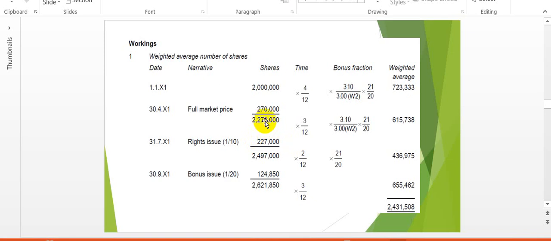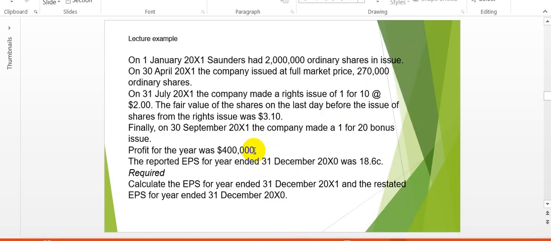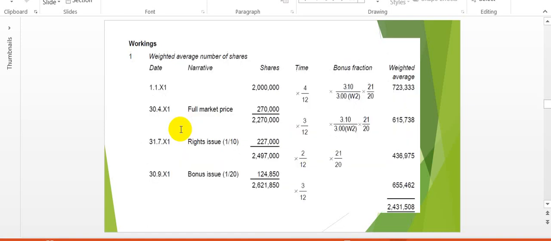You add that to the 2,270,000 shares to give you 2,497,000 shares. We had this for how many months before the bonus issue? The rights issue was in July, the bonus issue was in September, so we've got August, September, 2 months. So your weighted average is 2 months out of 12.